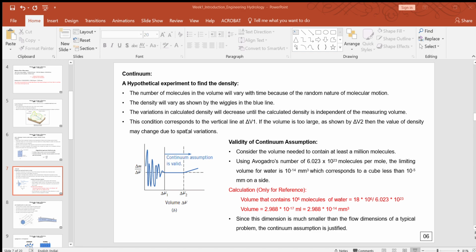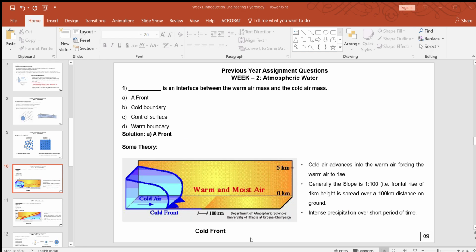So let me just play a small video. So you can see this, no? So your cold air is moving and your warm air is rising. Your clouds are getting formed and it produces the rainfall. So this is called the cold front.